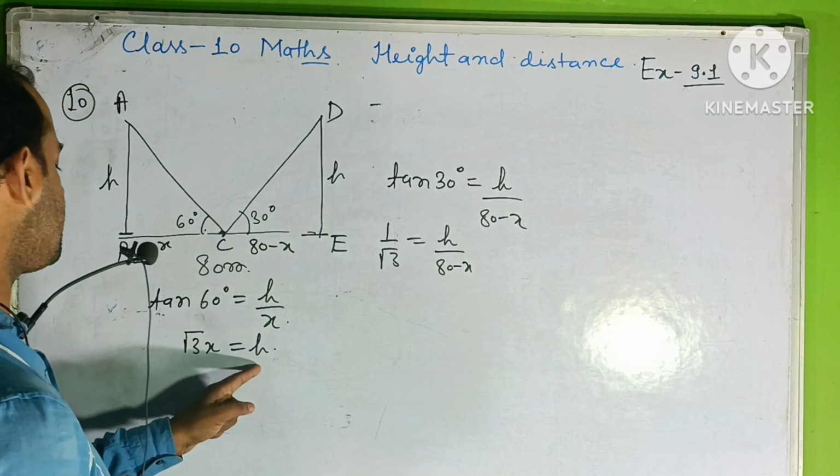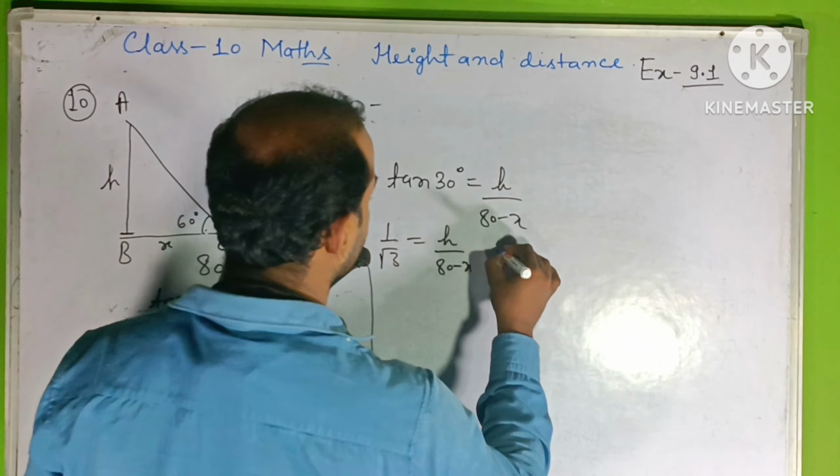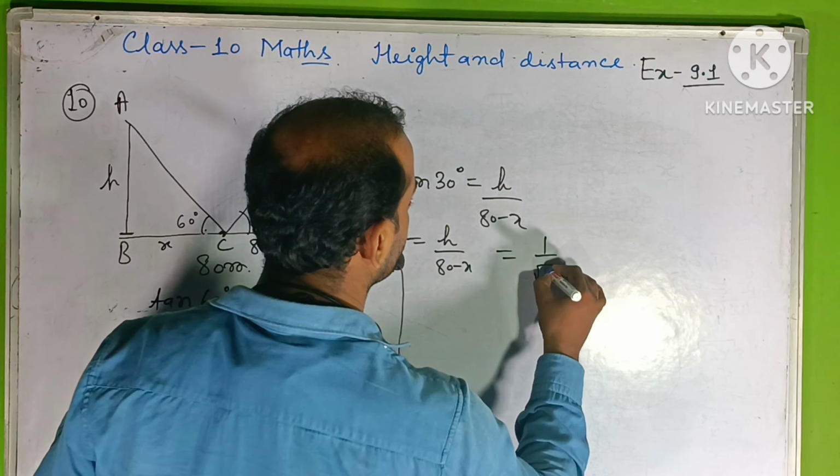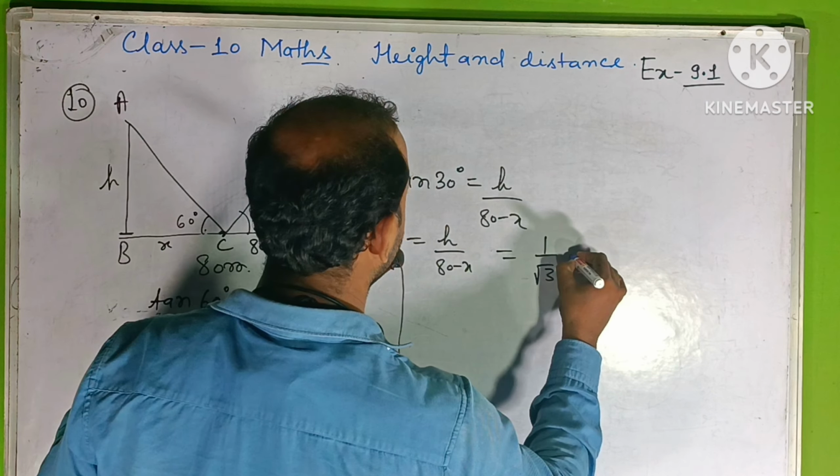The value of h is what? Root 3 x. We will put it over here. So it will become 1 upon root 3 is equal to root 3 x by 80 minus x. We will cross multiply it. What you will get, I am writing it over here once again. Root 3 into root 3 x is equal to 80 minus x.